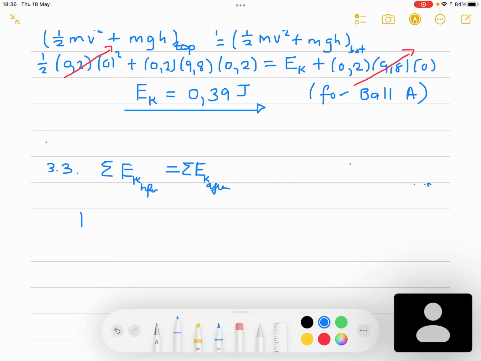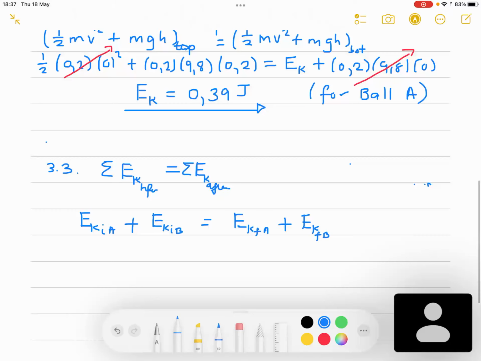It will be the kinetic energy, and I'm going to call it I for initial, of A plus the kinetic energy initial of ball B must equal to the kinetic energy final of A plus the kinetic energy final of B. Okay, so that's the important part, is writing out the equation like that.